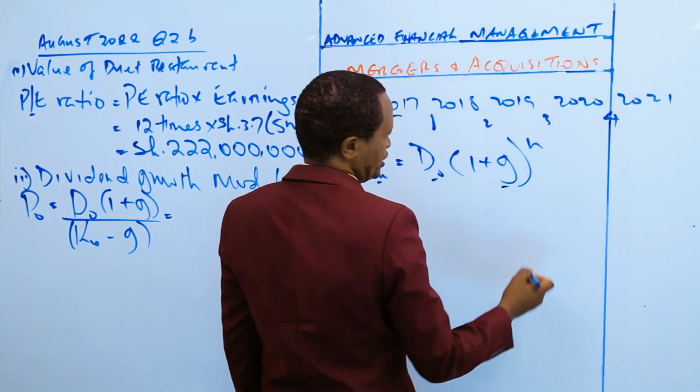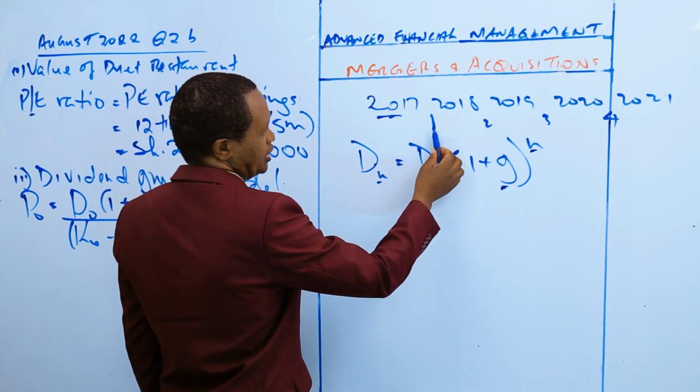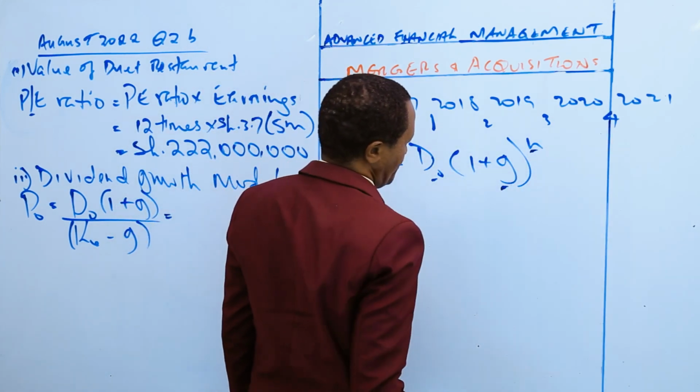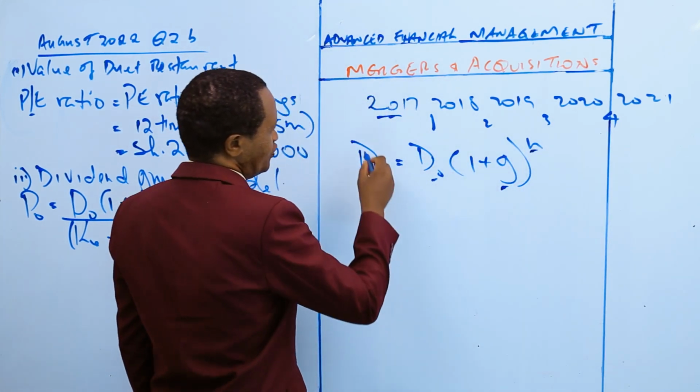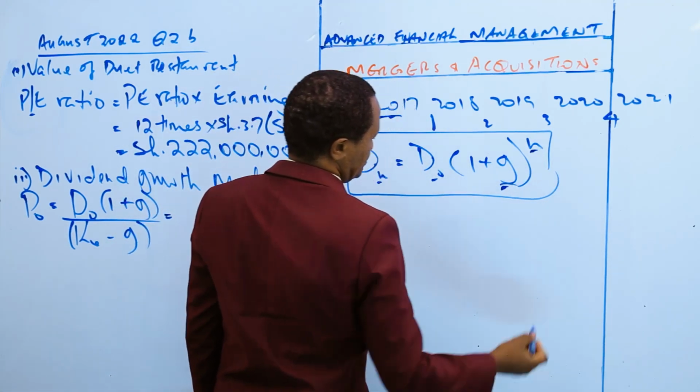G is the growth rate, and N is the number of periods. We have seen the number of periods here is 4. So this general formula helps us determine the growth rate.